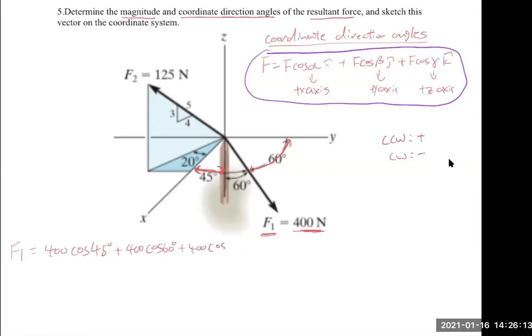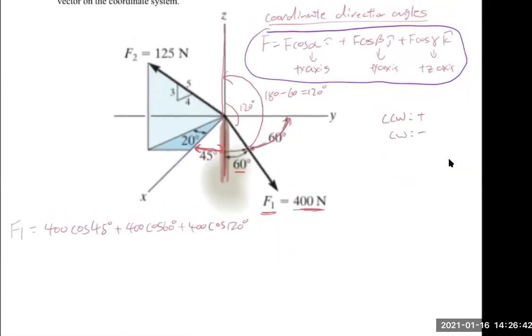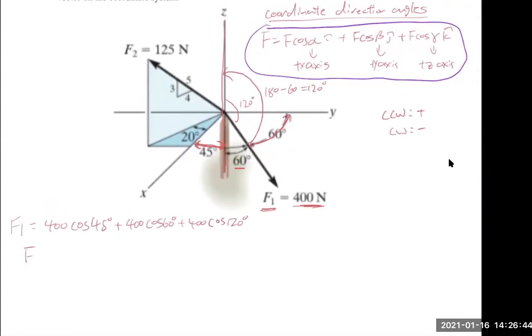Gamma is not given right here, but since we know that this z-axis is 180 degrees, and we know that this right here is 60 degrees, if we want to measure this angle to its z-axis, simply take 180 minus 60. We're going to get 120. This degree right here is 120. So cosine of 120. And then we can actually put it in the calculator and write them out.